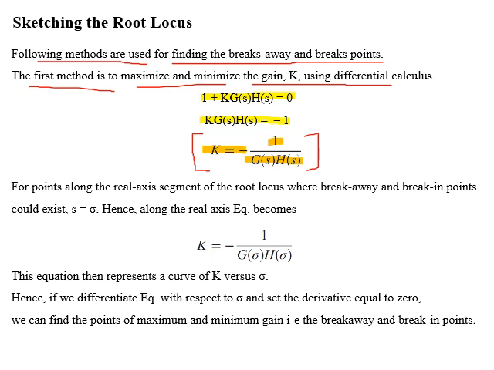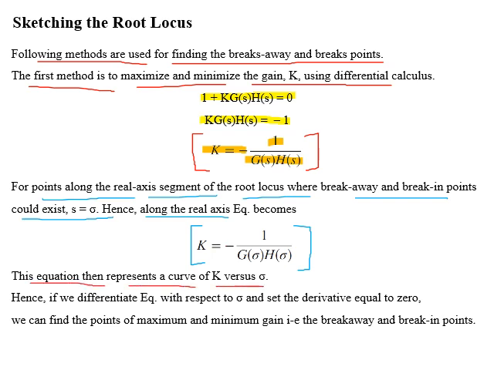Now, the breakaway or break-in points will be on root locus segments. For this, we will replace s by sigma. So k will be equal to minus 1 over G(sigma)H(sigma).